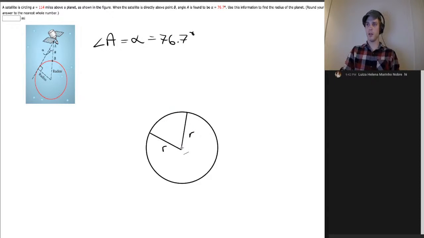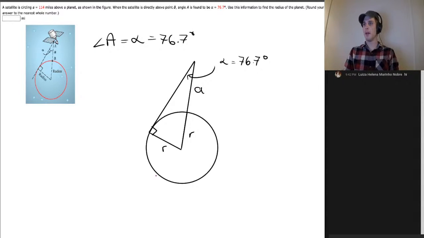And then this line is actually extended out to some point in space. And then this line, which is a right angle, is here. So we've got a right angle, we've got a radius. This angle here is alpha equals 76.7 degrees. And then this side length here is called A, confusingly.